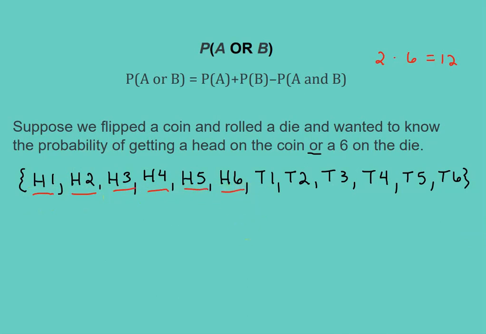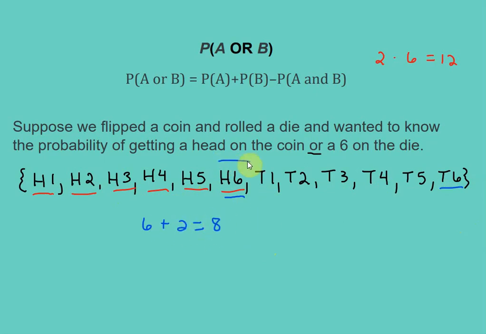And for the die, we're trying to roll a 6. Well, here is one event where we rolled a 6, and here is another one. So if we counted all of those up, we would get 6 heads and 2 sixes. So that would give us 8.